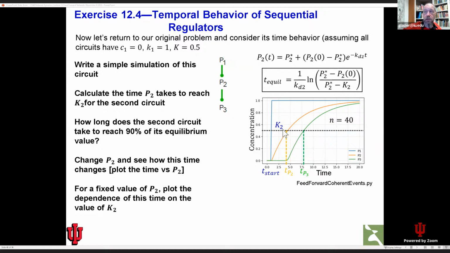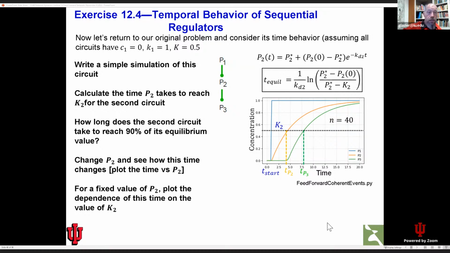If K2 is in this region here, moving K2 doesn't change the time very much. If I push K2 up to near P2 star, then small changes in K2 make a big change in the time. And that's something that people can look at even if you don't do a formal parameter scan.